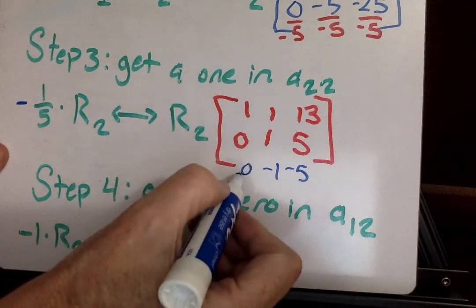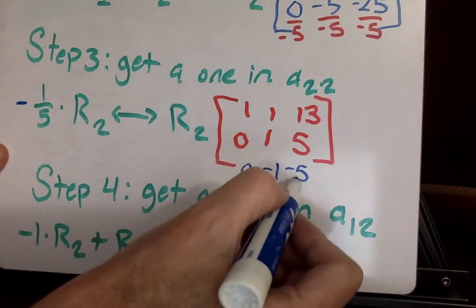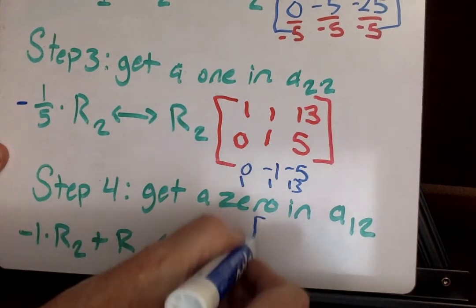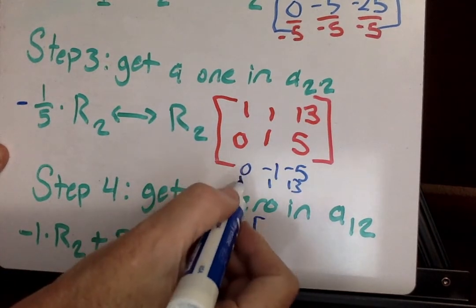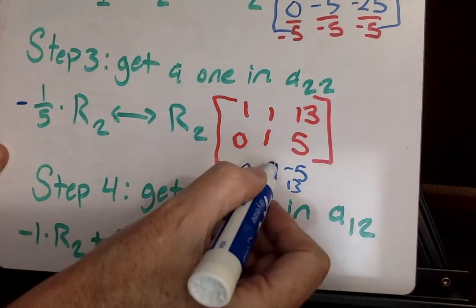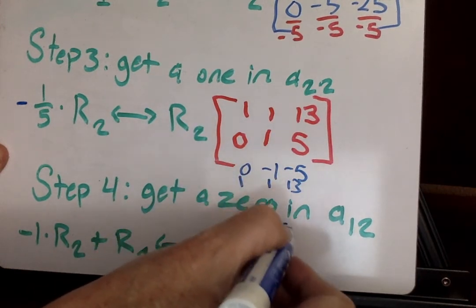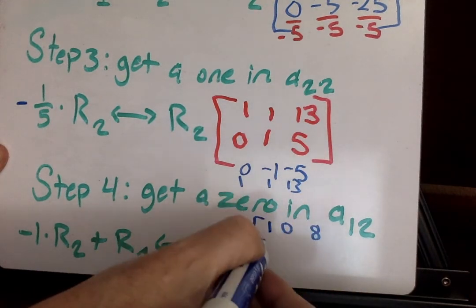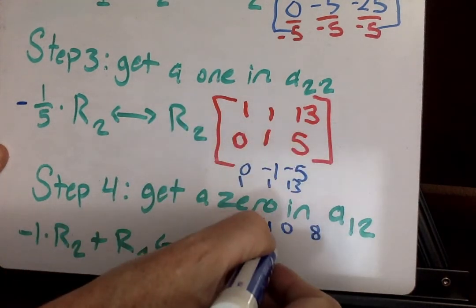And I'm going to add that to 1, 1, and 13. And that will be our new row 1. So 0 plus 1 is 1. Negative 1 plus 1 is 0. 13 plus negative 5 is 8. And this 0, 1, 5 will stay the same.